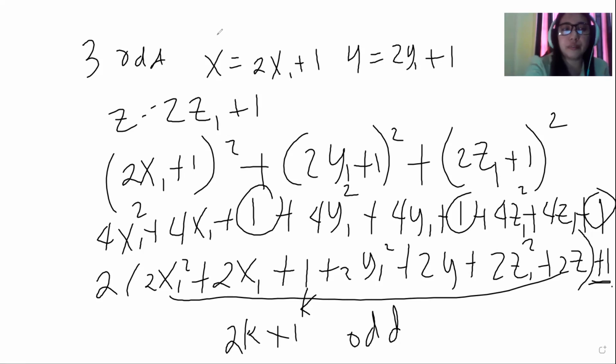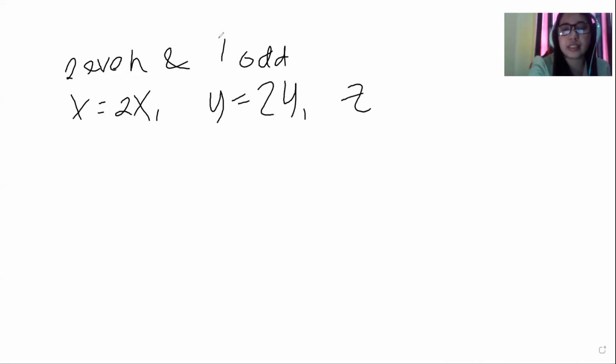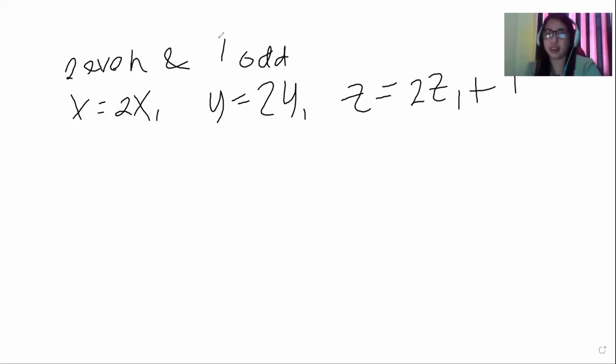So let's have the last case, two even and one odd. We let x be equal to 2x sub 1, because it's even. Y be equal to 2y sub 1 and z be equal to 2z sub 1 plus 1, so it's an odd integer.